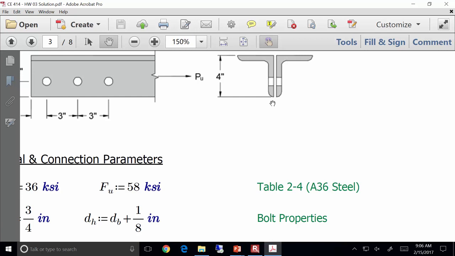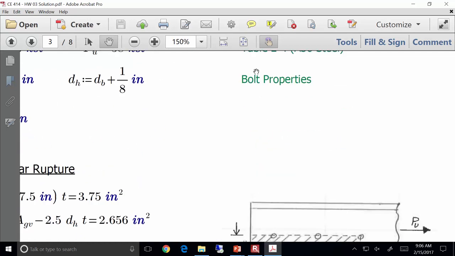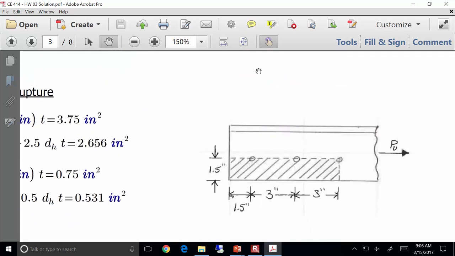No. Your shear area, think. Okay, let me go to the failure path. So here's the failure path down below. So I'm yanking on this, right? So this is the path right here that's in shear. Not the block. I'm saying this red line right here, that is the path that's experiencing shear.